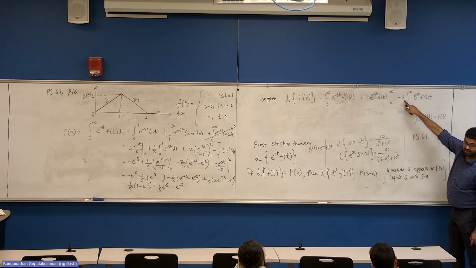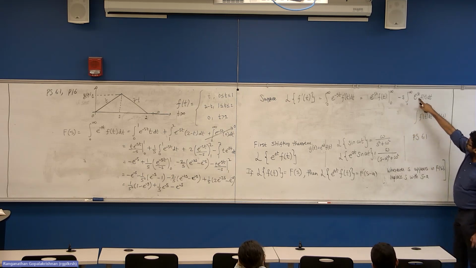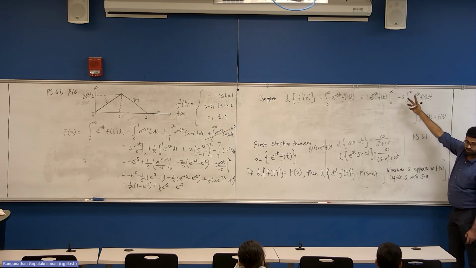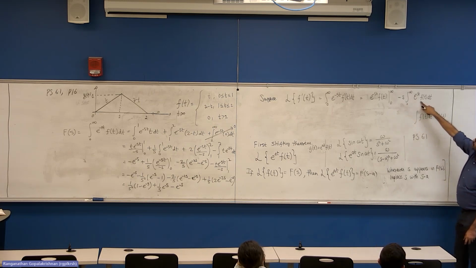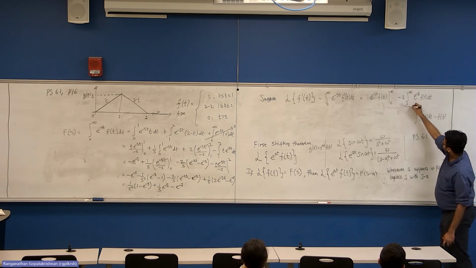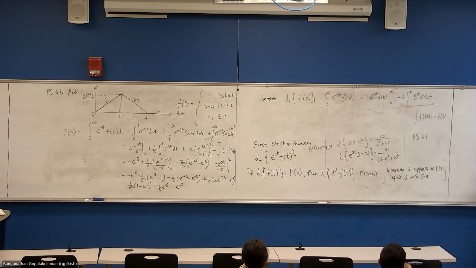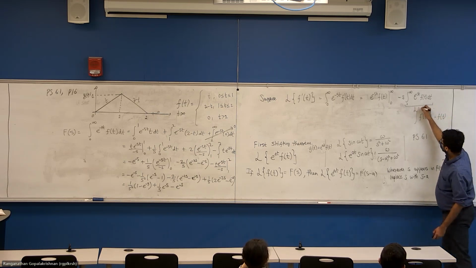So I would get s as a parameter, e to the power minus st, and I'm writing s outside. Obviously, s doesn't depend on time. So this is the remaining integral. What is this? That is the Laplace transform of f of t itself.